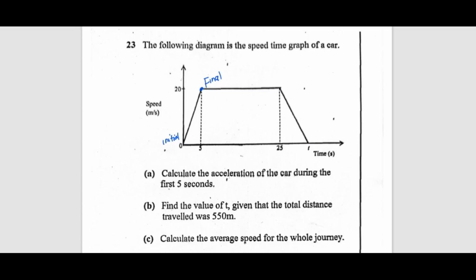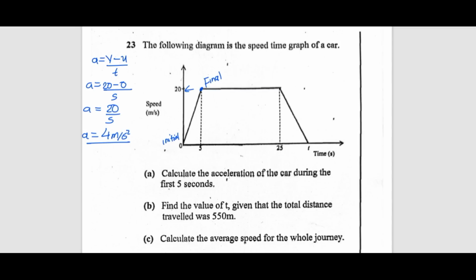So the acceleration is equal to final minus initial over t. So the final is this number 20 over the initial is 0 over time 5. 20 minus 0 is 20 over 5. 5 into 20 will give us 4 meters per second squared.